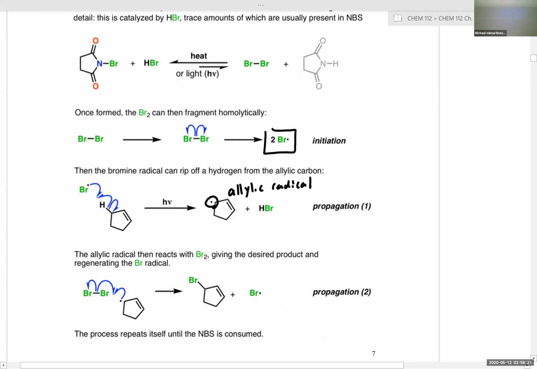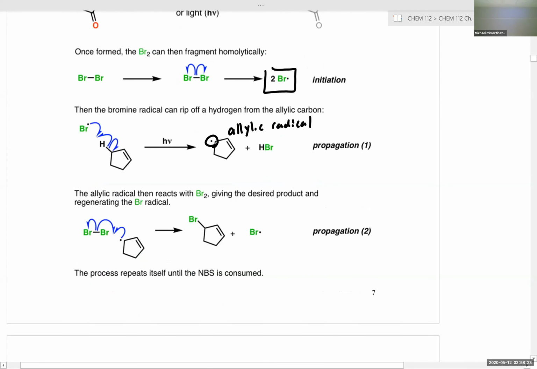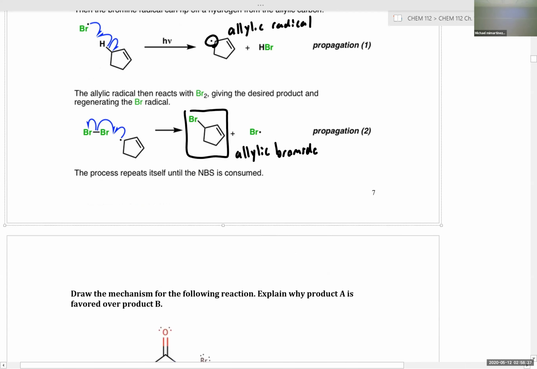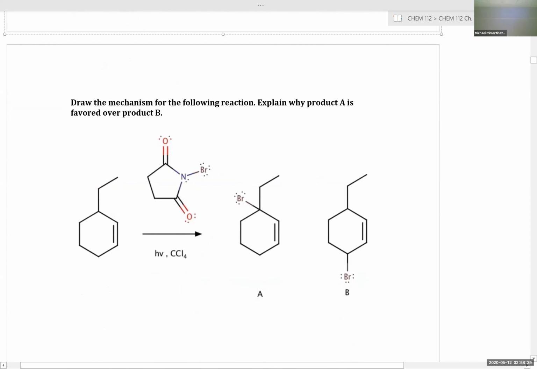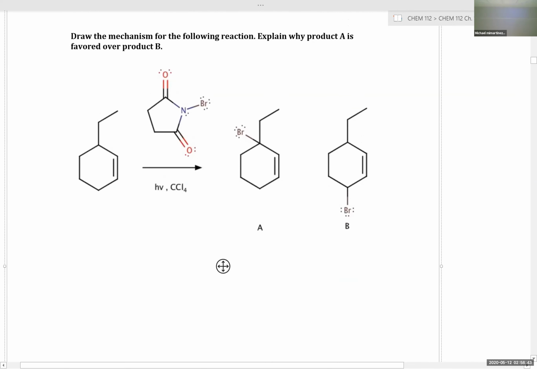This allylic radical can then react with another equivalent of bromine in order to generate an allylic bromide. So let's take a look at the following reaction and let's draw a complete mechanism. And from this mechanism, we'll be able to explain why product A is favored over product B.